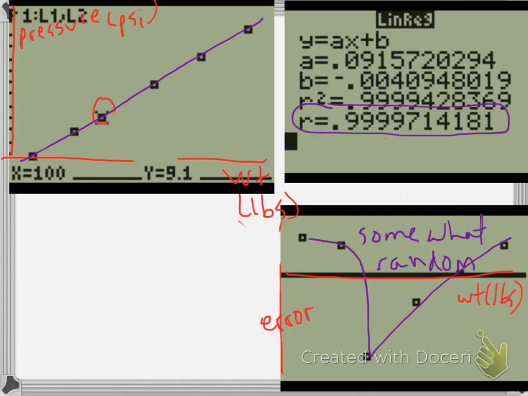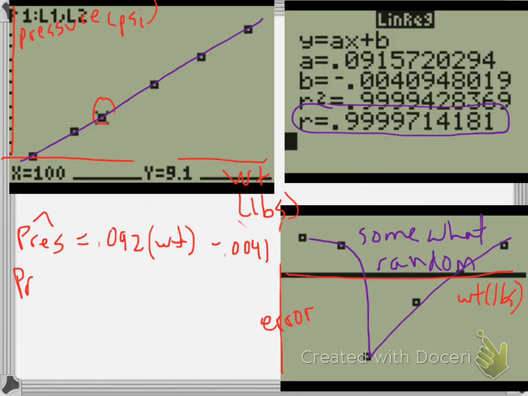So we know that the predicted pressure is 0.092 times the weight in pounds, and then we're going to subtract 0.0041 from it.